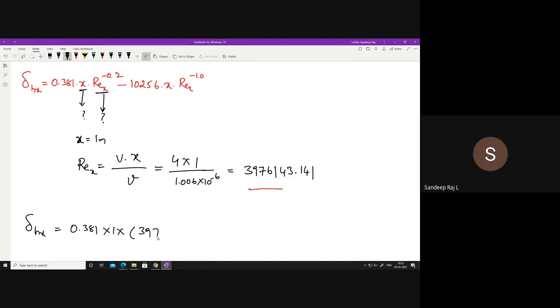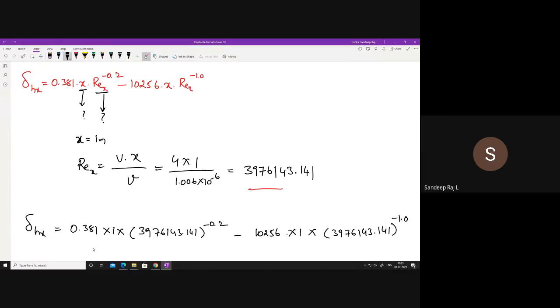Anyways, 3976143.141 whole to the power of minus 0.2, minus 10256 into 1 into the Reynolds number 3976143.141 whole to the power of minus 1.